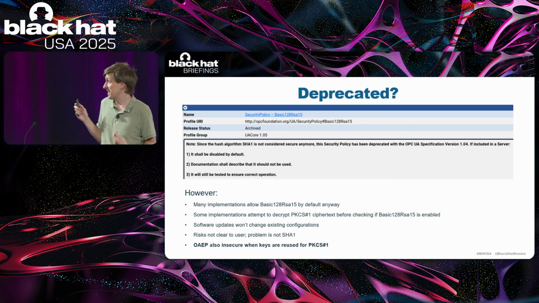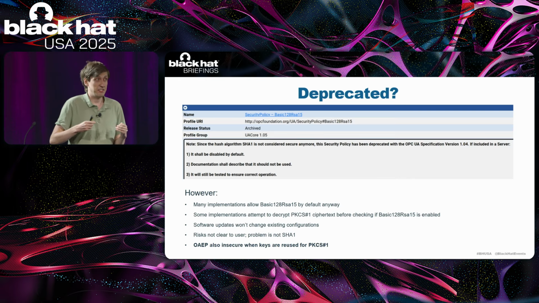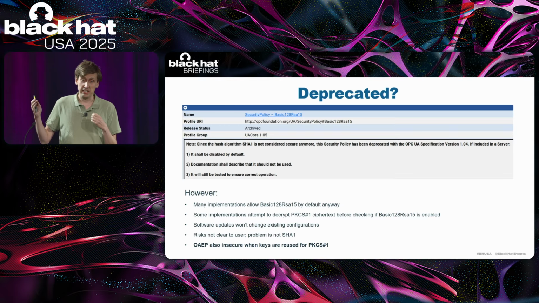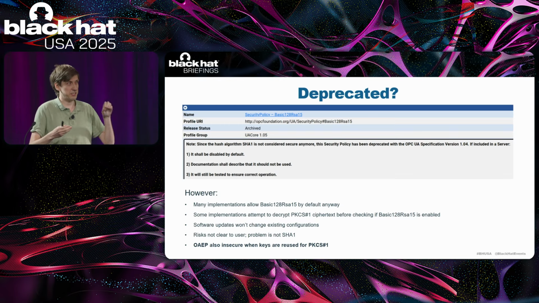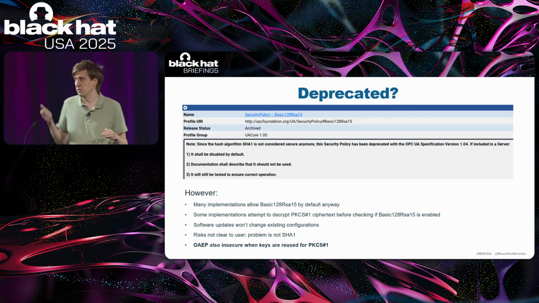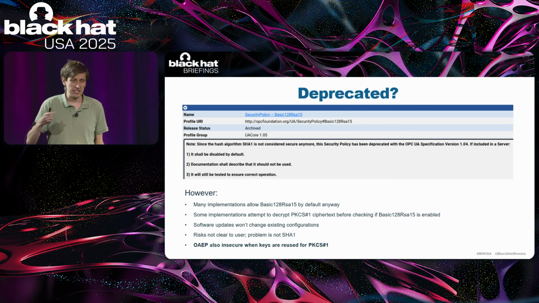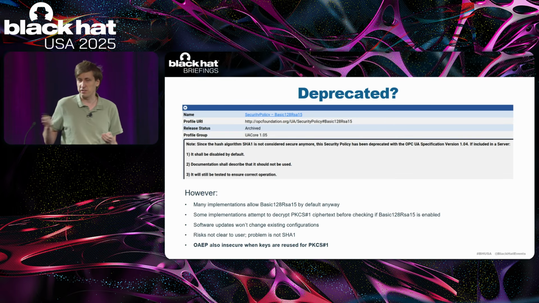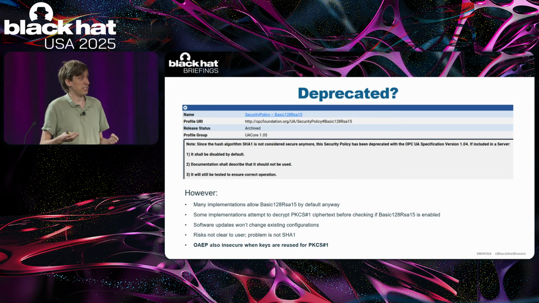Also very interesting is that there's a variety of implementations that do not offer this method by default, but when it is explicitly disabled, they will only check that it's disabled after they have already tried to decrypt a message using the protocol. So I try to send this encrypted message using this vulnerable scheme. The server tries to decrypt it and then decides, oh wait, actually I'm not supposed to use this, I'm going to block the connection.